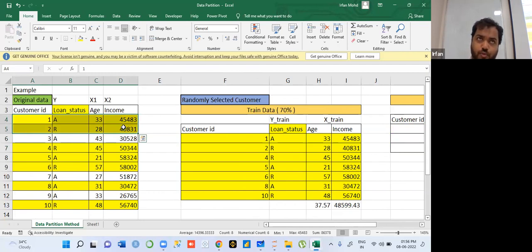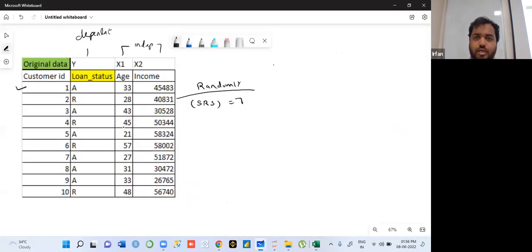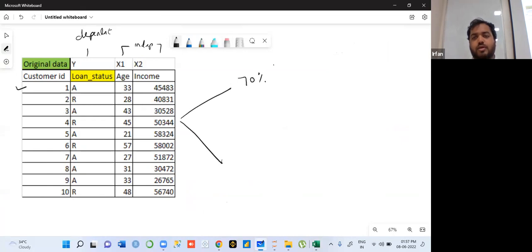Out of 10 rows, 7 rows come in 1 bucket. How much percent? And how much is the second bucket? So guys, here we break this data into 2 parts. First part is how much percent of data? Second part has how much? The name we give to this is train, and the name given to this is test. Clear?